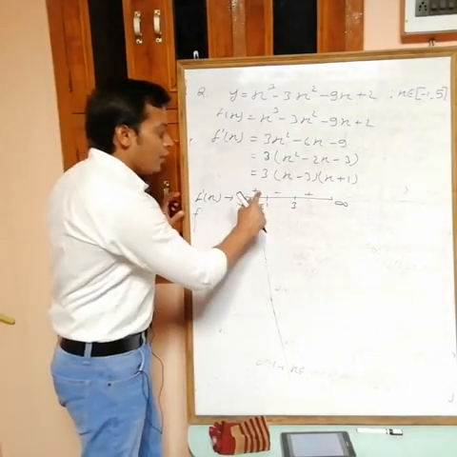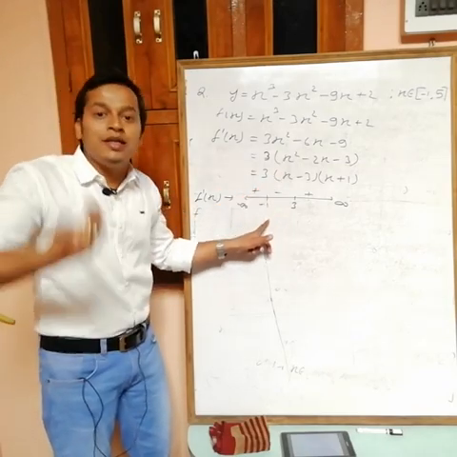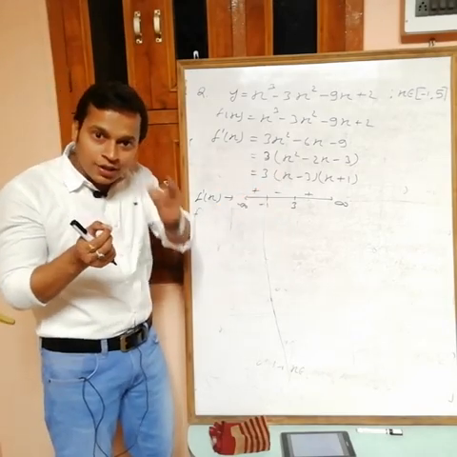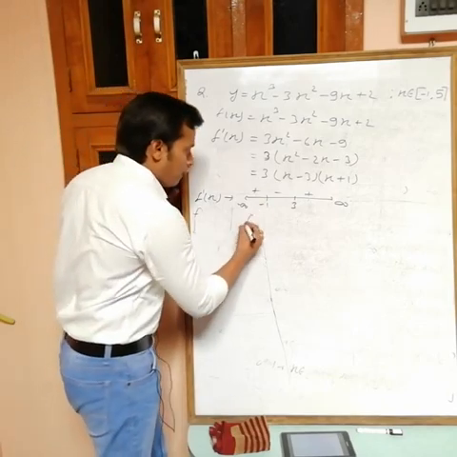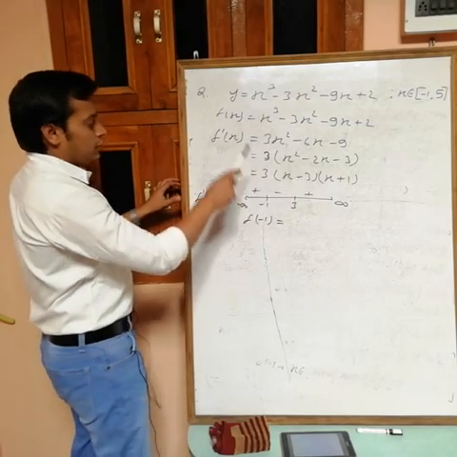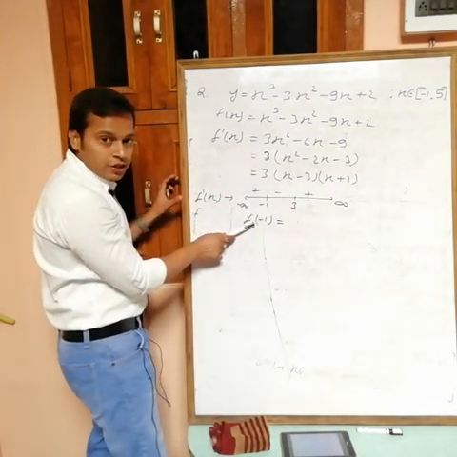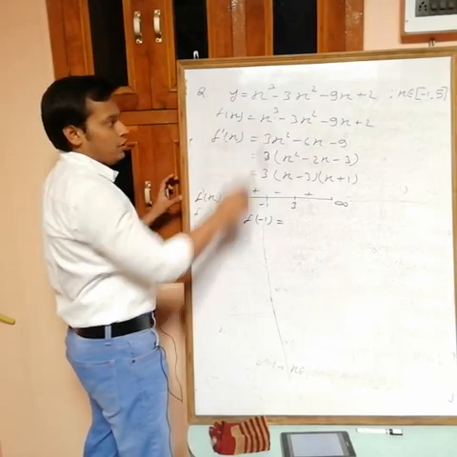Now find the values at these points, because these are the turning points, where the graph turns. So find the value of function at these points. f of minus 1: now you can't put minus 1 in this one. We want the value of the function, not f dash x, so put in this one.